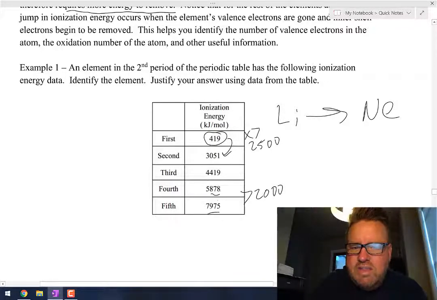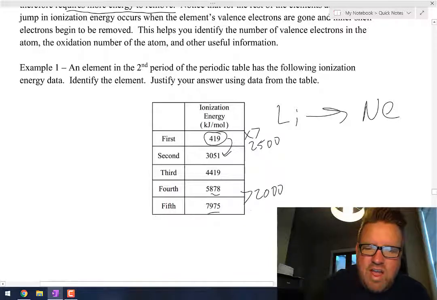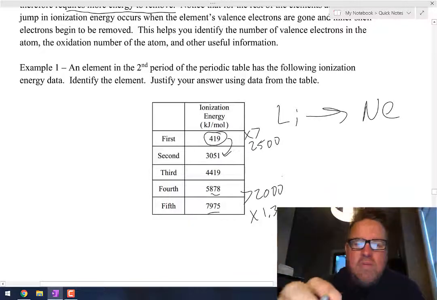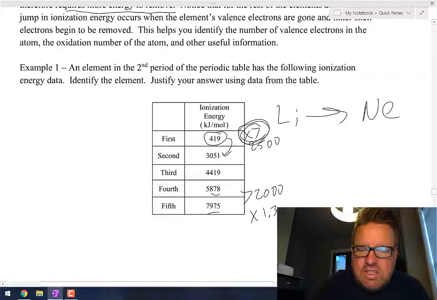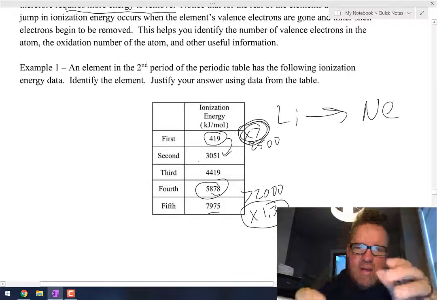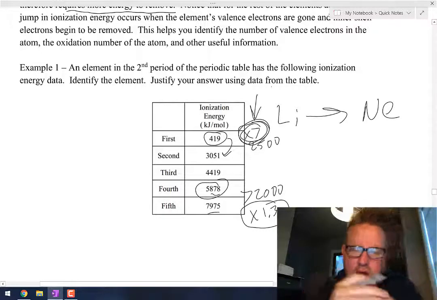From 5878 to 7975, that's an increase of maybe 1.3, 1.4. That's not very much. This is a 7 times increase. This is a very slight increase compared to that original number. So you're looking for where you see that big jump.